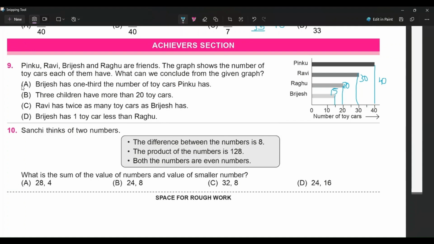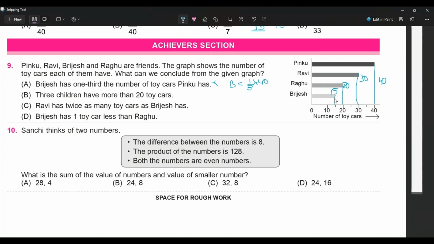So let's check with the options. Option A, Brijesh has 1/3 of toy cars Pinku has. How many Pinku has? 40. 40 by 3 is not equal to 15. So option A is not correct. Option B, 3 children have more than 20 toy cars.